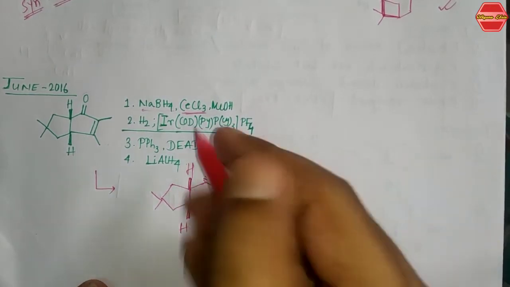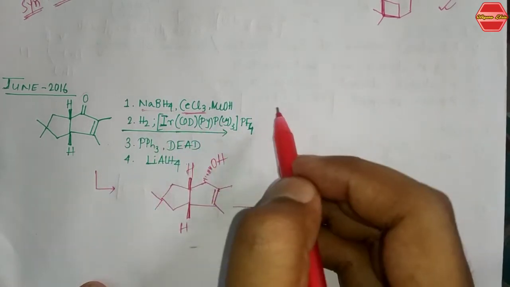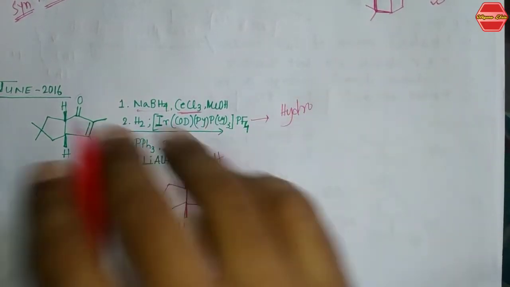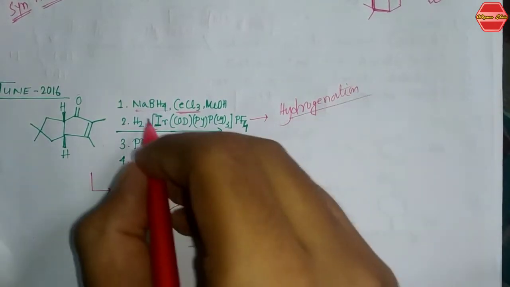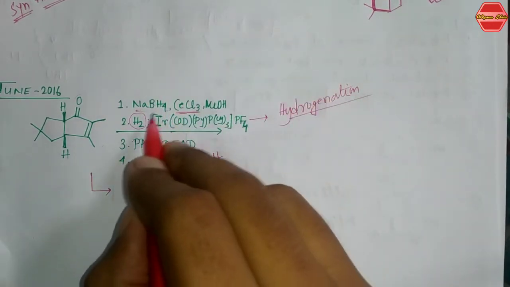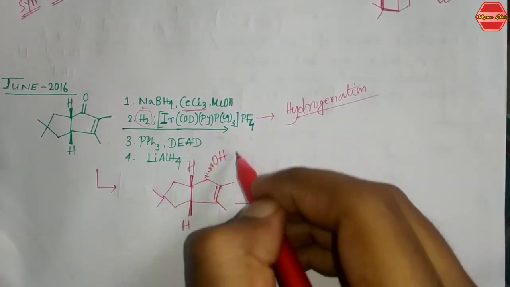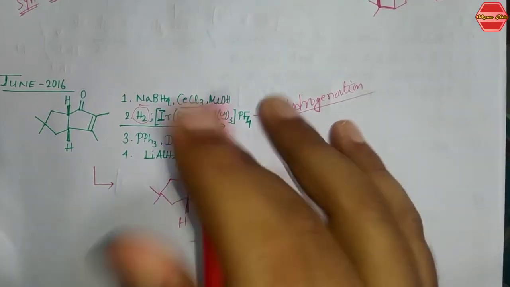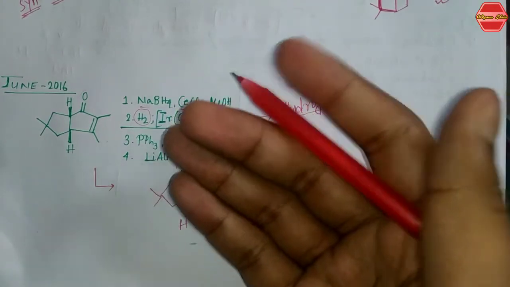Now after that they have given this one, that is H2, Ir-COD. Now a big reagent. What is the role of this reagent? It can do the hydrogenation. You can see here this H2 is given. So this is basically an active catalyst, that is an iridium catalyst. Now this coordinates with this OH, and the very important thing is that if this OH is below the plane, then these two hydrogens will reduce the double bond from below the plane.